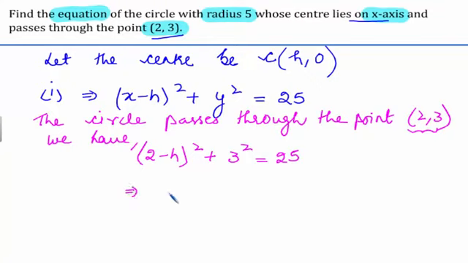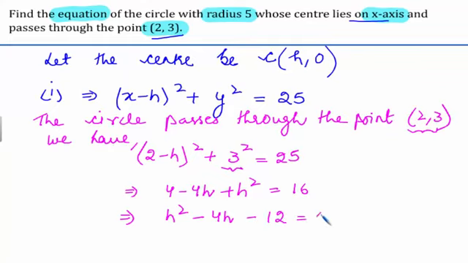So this implies that 4 minus 4h plus h square is equal to 25, and taking this 3 square on the right hand side we have 25 minus 9, which is equal to 16. So this further implies that h square minus 4h minus 12 is equal to 0.